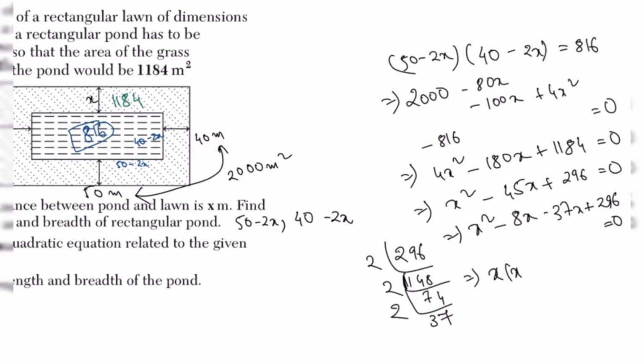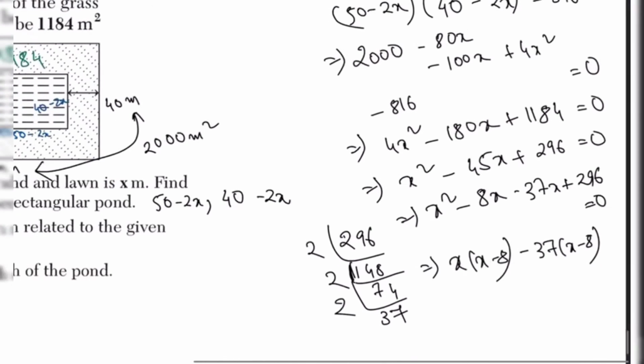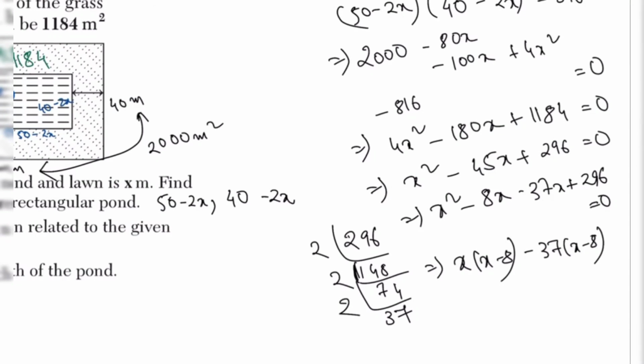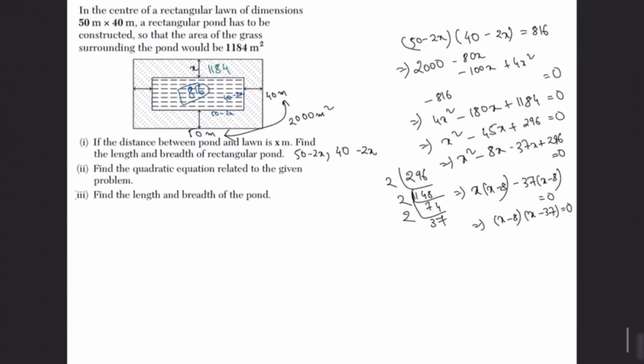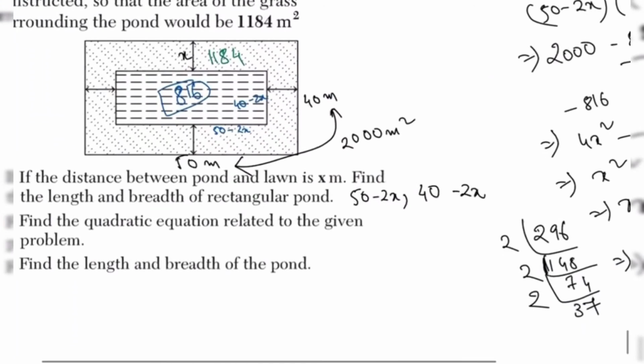Implies x times x minus 8 minus 37 times x minus 8 equals 0. And then you have x minus 8 times x minus 37 equals 0. Now you can see that x cannot be 37 because if x is 37, then you get 37 cut from here, 37 cut from here.